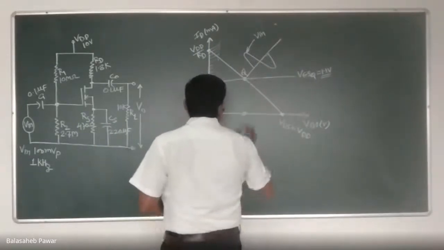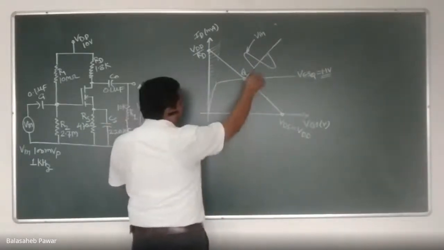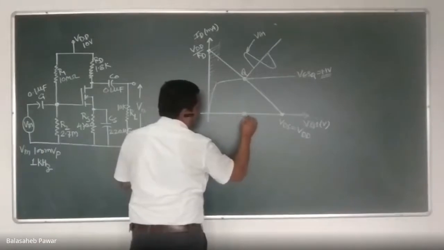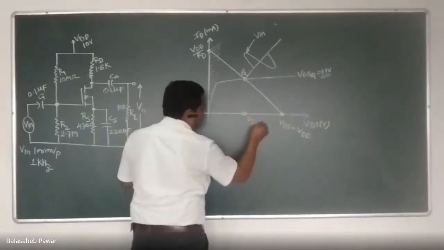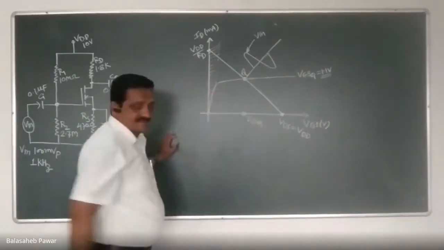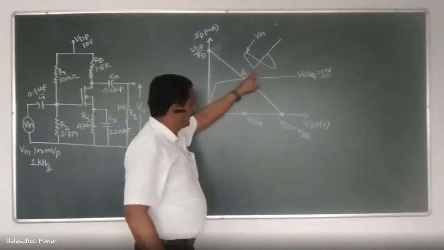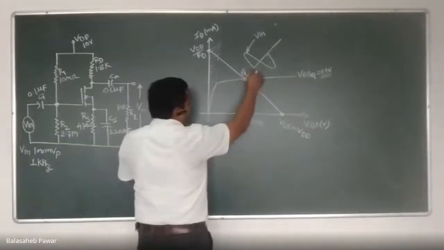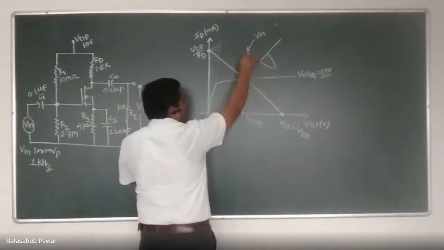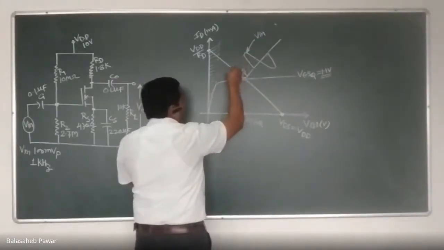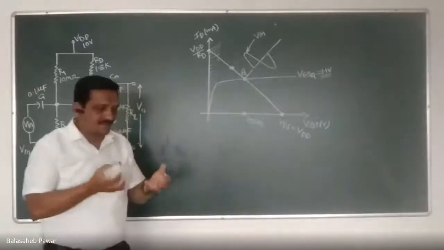So see, graphically, whenever that input signal is at 0 potential, the obtained VDS is how much? It is VDS_Q, or we can say it will be a DC constant voltage when that input is at 0 potential. Now, consider the first positive half cycle of that input signal and its peak value. Whenever that input signal reaches its peak value, what happens with the gate voltage?